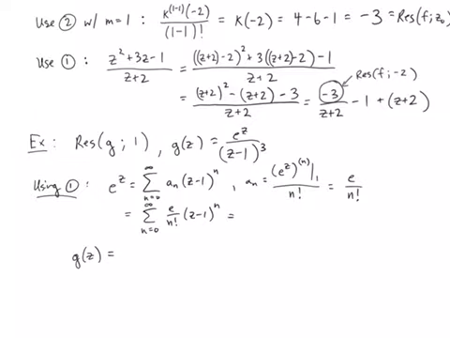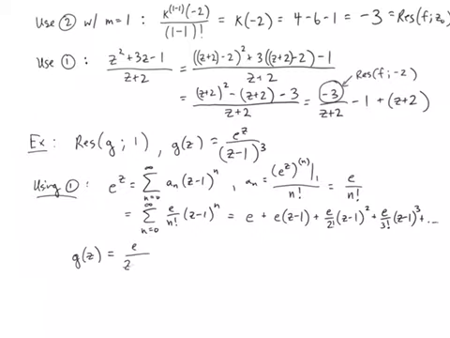So if we write this out, this is just e plus e(z − 1) plus e over 2 times (z − 1)² plus e over 3 factorial times (z − 1)³ plus etc. Right? And so g(z) is just that multiplied by 1 over (z − 1)³.